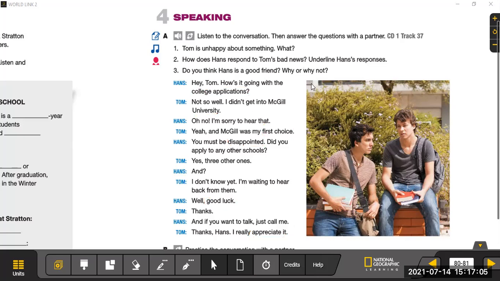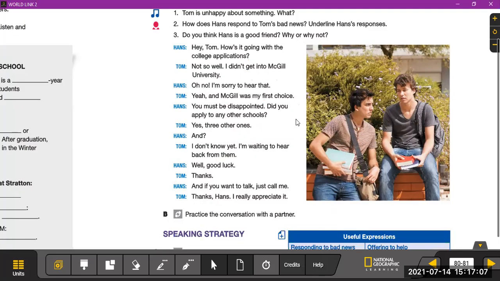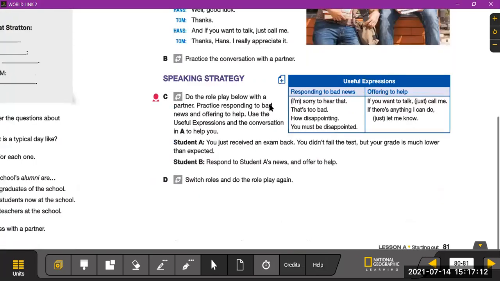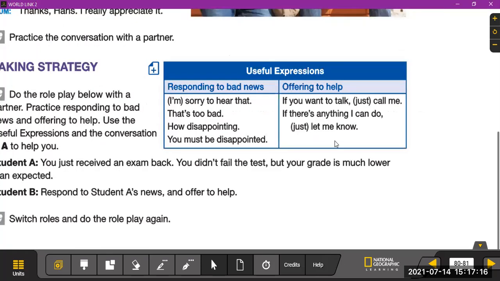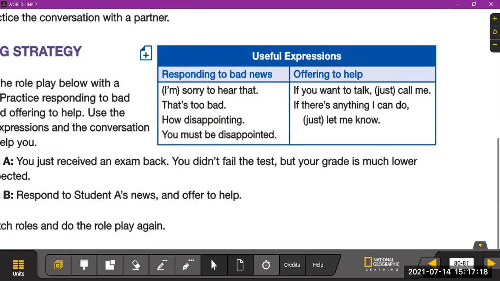Okay, so let's see the useful expressions. Here we have responding to bad news and offering to help.